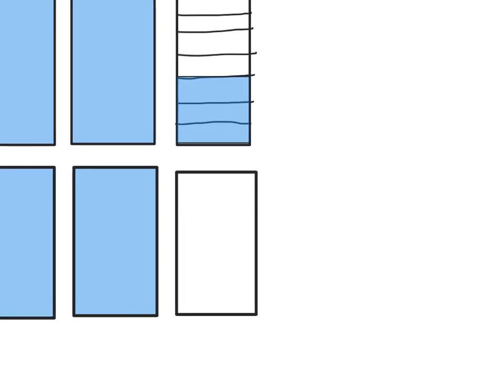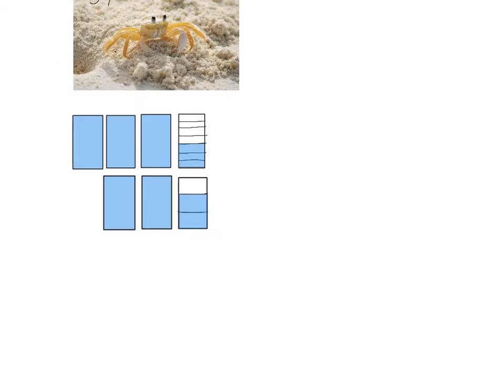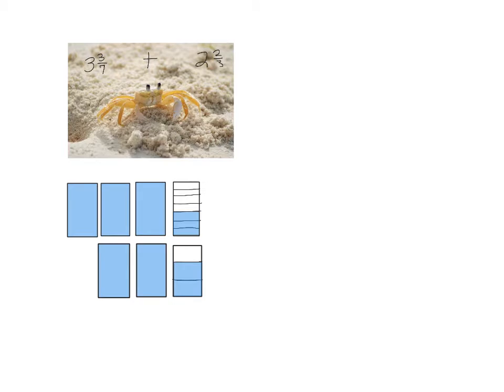And once again, I'm going to make this bigger, and 3 parts means 2 lines, so I go 1 and 2, and I get 2 out of those 3 parts.